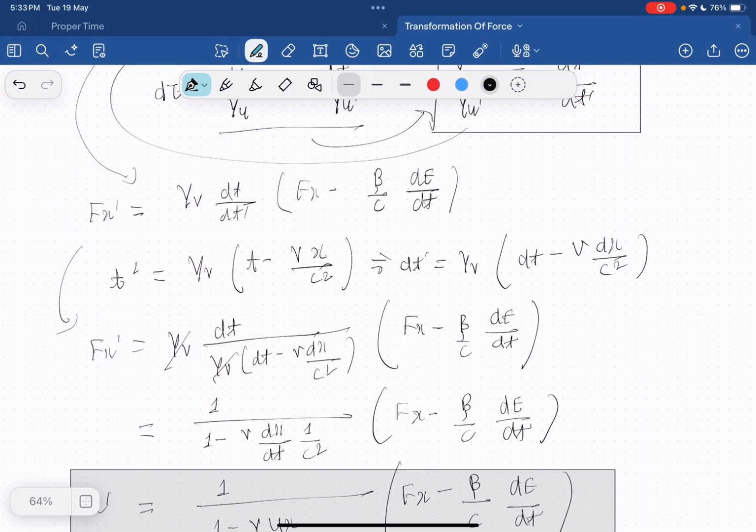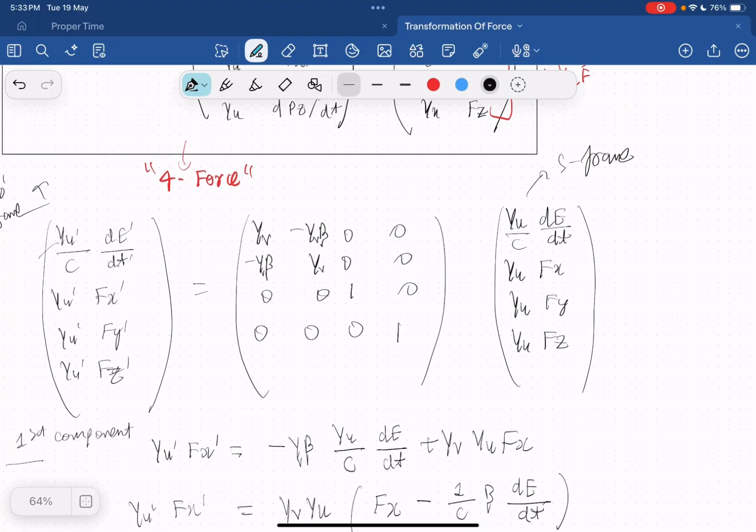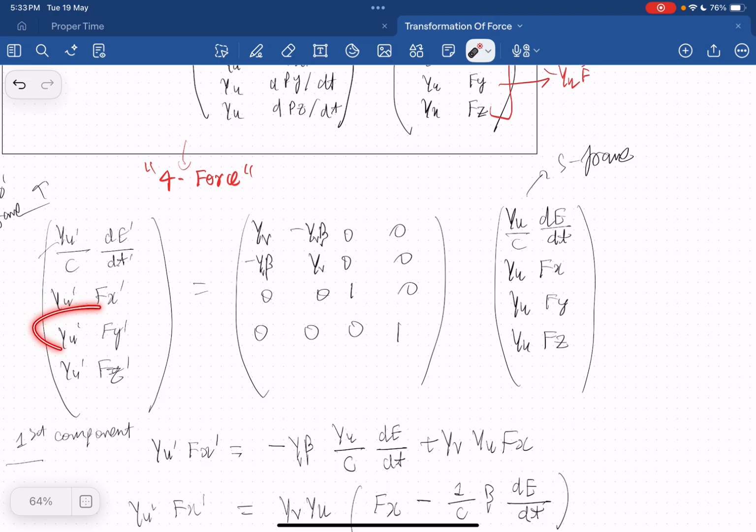Now for the y component of the force, you can simply do this matrix multiplication. So for the y component of the force, we will get gamma u prime fy prime is equal to this, and this will be 0, this and this will be 0, only this and this will give a finite term.